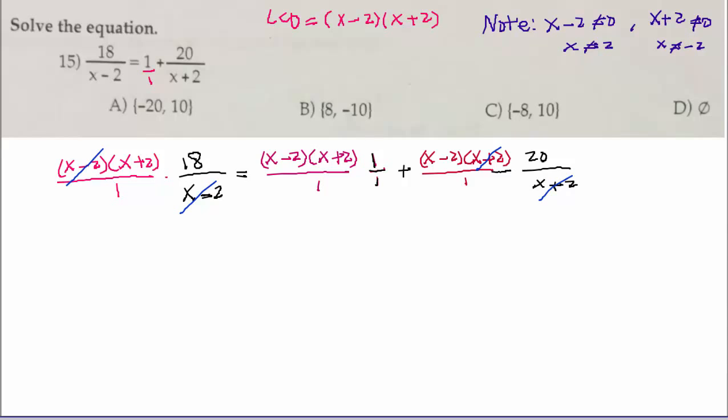18 times x plus 2, very good, equal to, what's the second term? X minus 2 times x plus 2. And the last term, 20 times x plus 2. You notice that I don't have any fractions anymore, right?